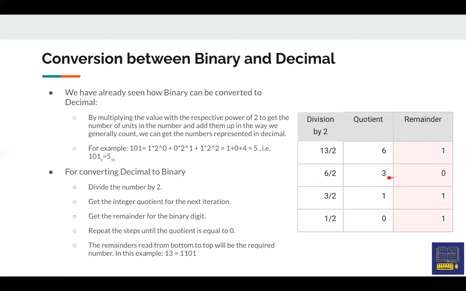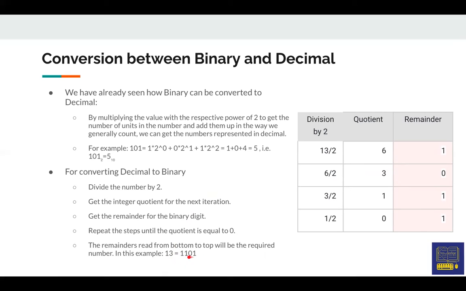I get a remainder 0. 3 goes over here. I continuously do this till I get the quotient as 0. Now what I do is I read these remainders from bottom to top, and that is my number. So essentially, I started off with 13 in base 10, and then I get 1101 in base 2. So the idea is 13 equals 1101.